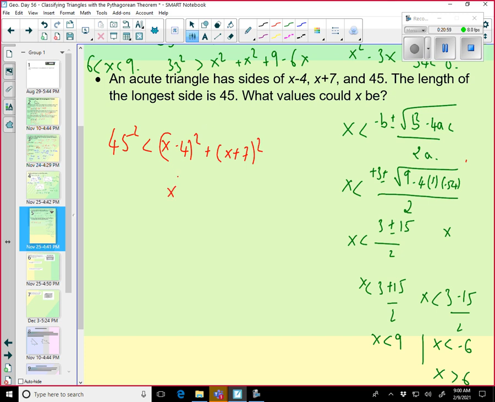This is x square plus 16 minus 8x. Okay. This is our right side. Left side, 45 square is going to be 2025.